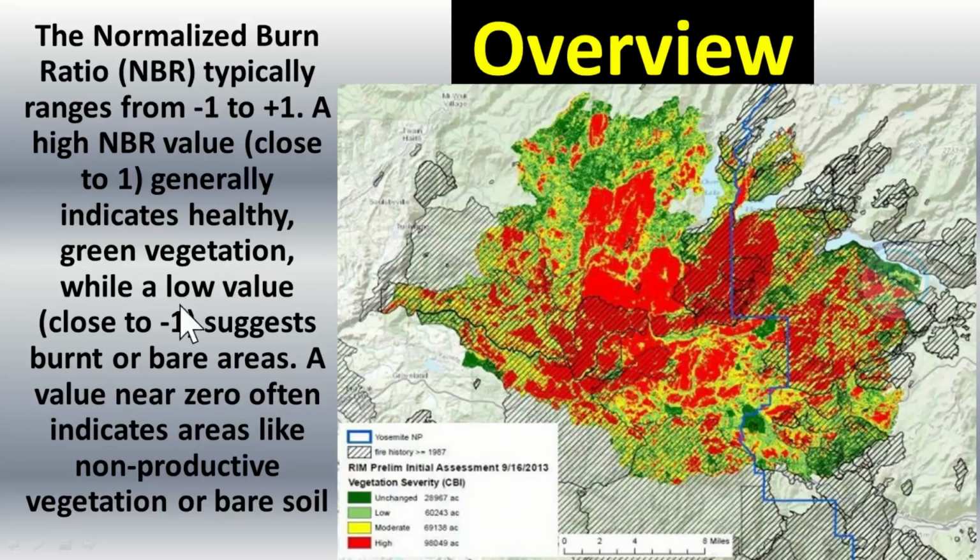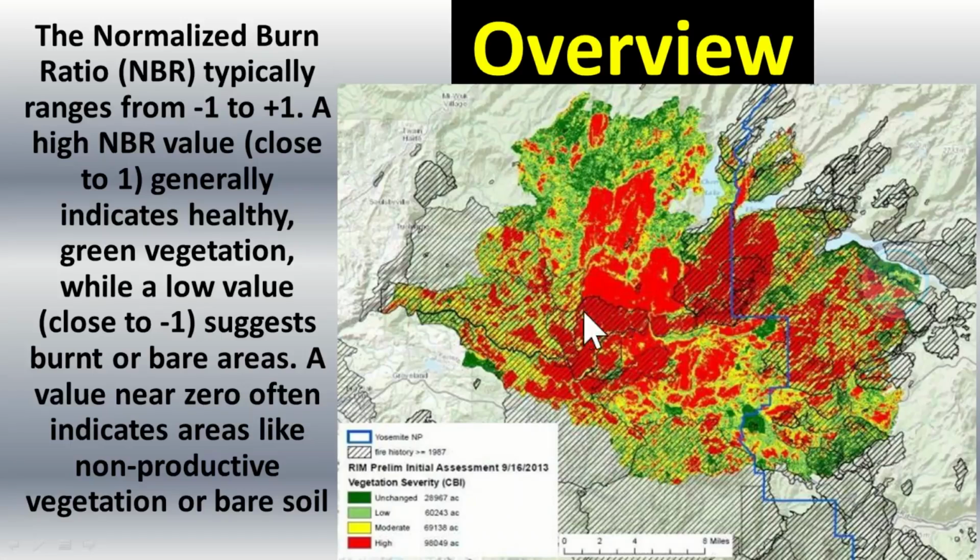However, when the value is low, when it is close to -1, such value suggests burnt or bare cover. A value near 0 often indicates areas like non-productive vegetation or bare soil. But when it is very close to -1, that is very low, that indicates burnt area.